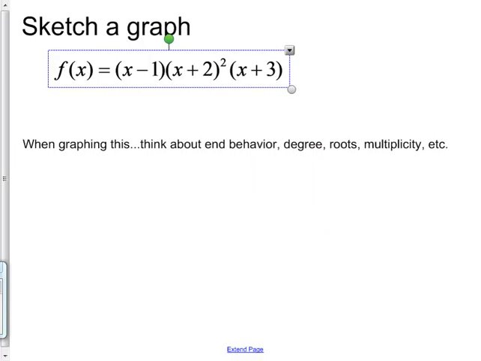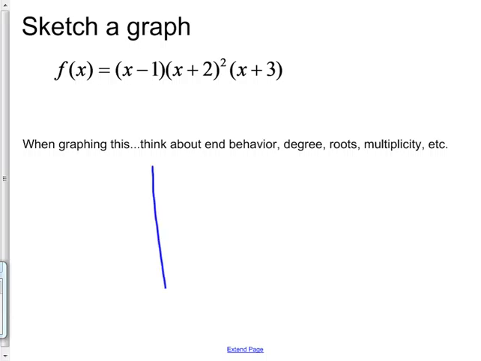All right, next topic. If I was going to sketch this graph, it'd be really handy to know the places where it touches the x-axis, the x-intercepts. It's also known as the zeros or the roots. Okay, sketch this with me.